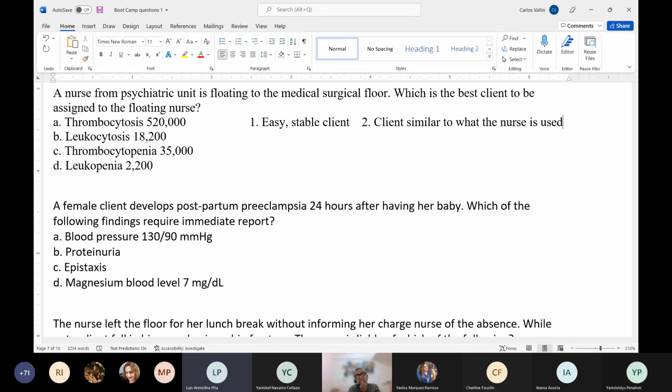There is the thrombocytosis. Yes, the first one has the highest stability, because thrombocytosis, an elevation of the platelets, is not an immediate threat to life. Of course, it's a risk. A risk for what?